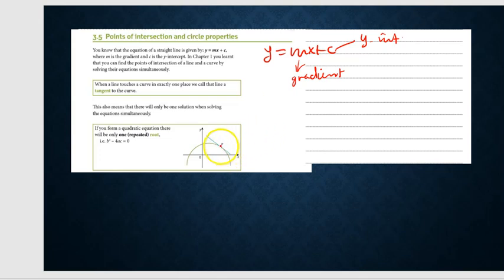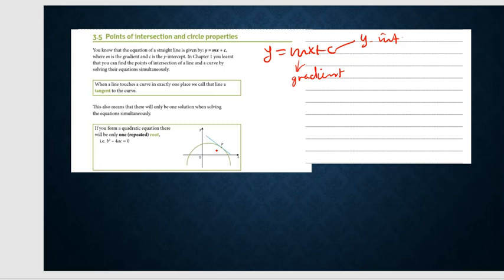You can see this line touches the curve in exactly one place, so you call that line a tangent. It also means that there will only be one solution when solving the equations simultaneously.